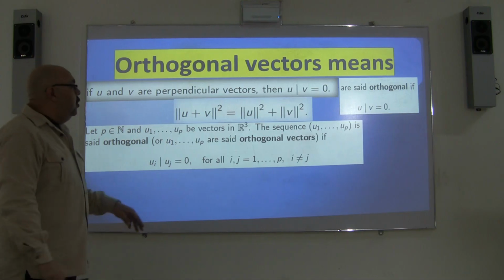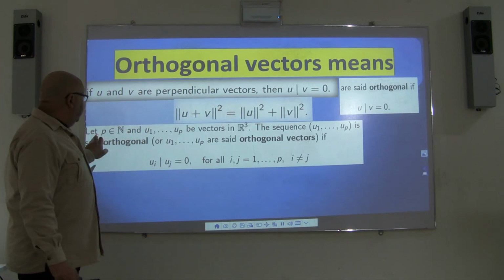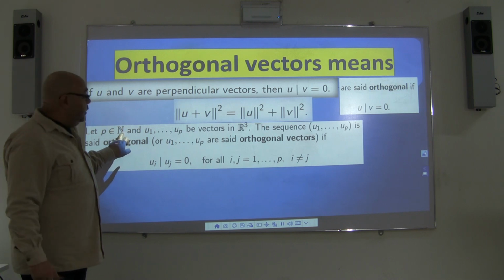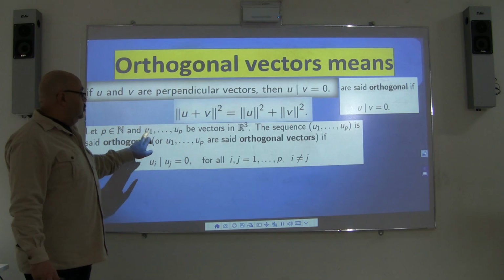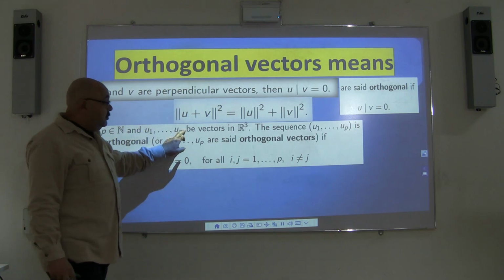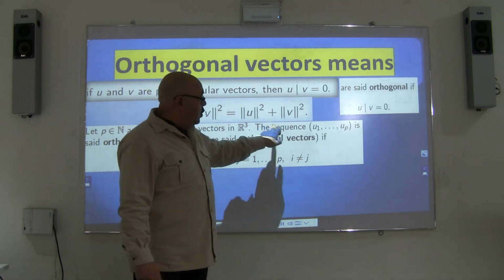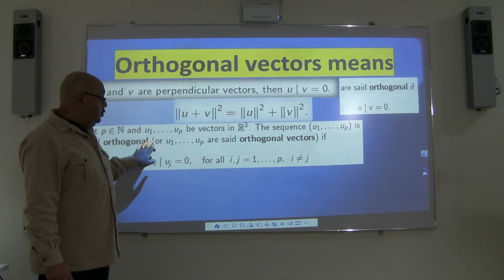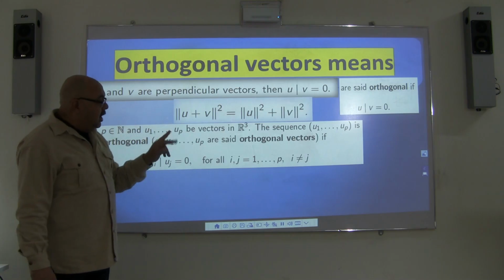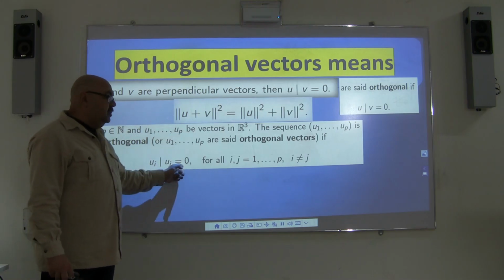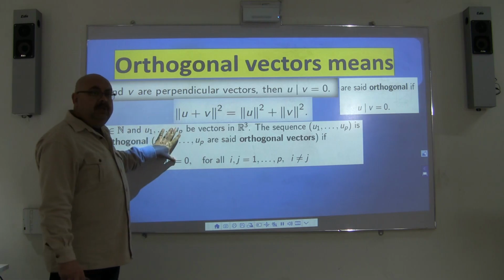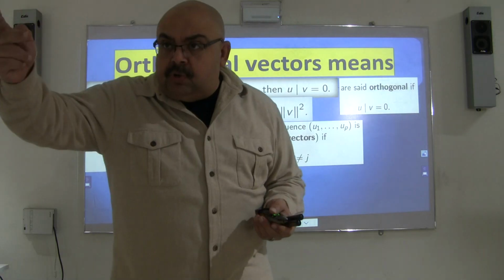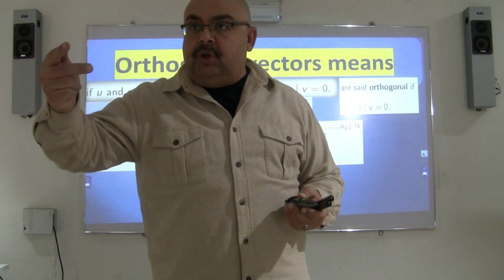Okay, let's go through this step by step. Let b belong to the integers, and for a sequence of vectors u1 up to ub, those vectors belong to R3. So u1 up to ub is an orthogonal set of vectors if multiplying ui times uj, the result is equal to 0. What do we mean by this statement? It's like the vectors 1, 0, 0, 0, 1, 0, and 0, 0, 1.